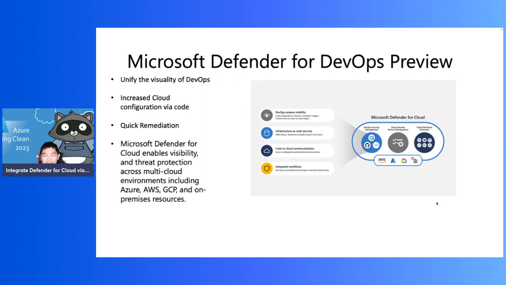You can also integrate it with large multi-cloud environments, for example Azure, AWS, GCP, and on-prem resources. You can also integrate with some of the code security tools, for example ARM, Bicep, Terraform, CloudFormation.